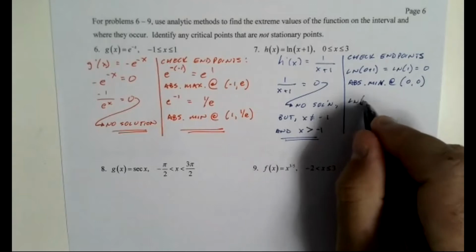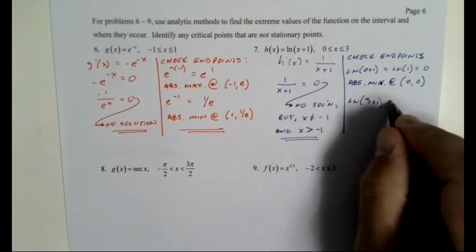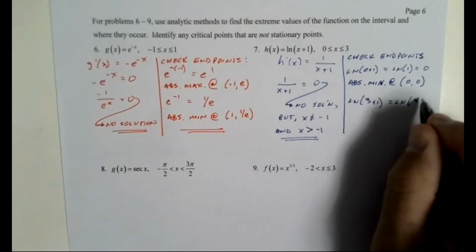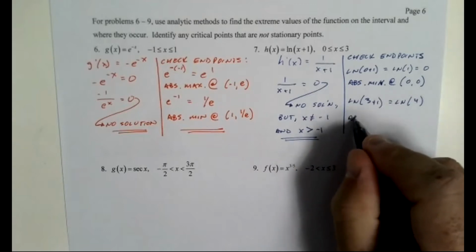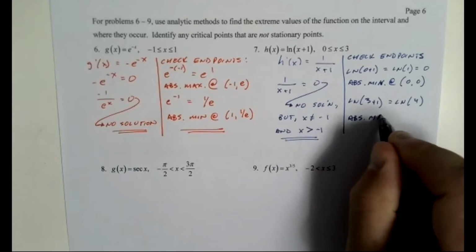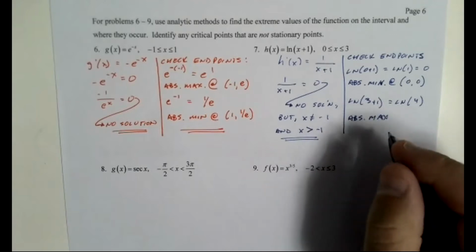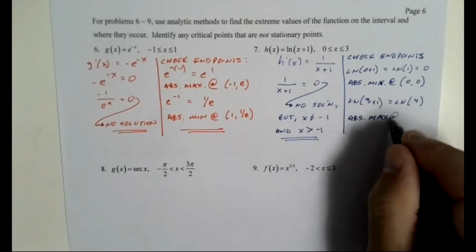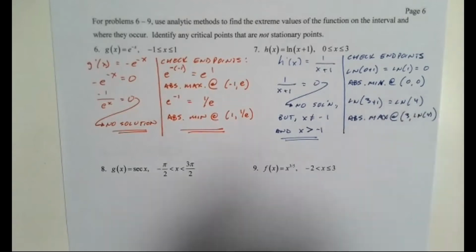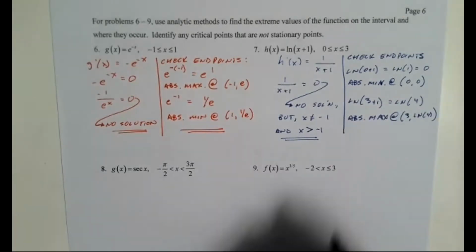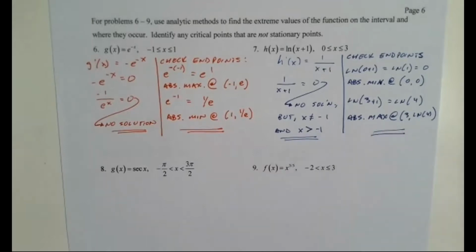And ln of 3 plus 1 equals ln of 4. It's an absolute max at 3, ln of 4. Seems kind of silly, but I mean, this is what we do.